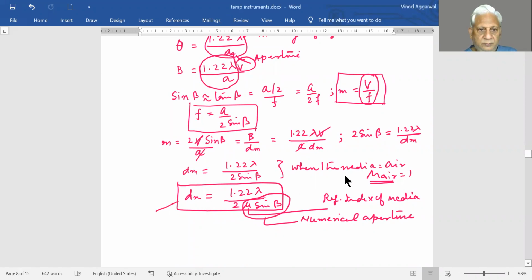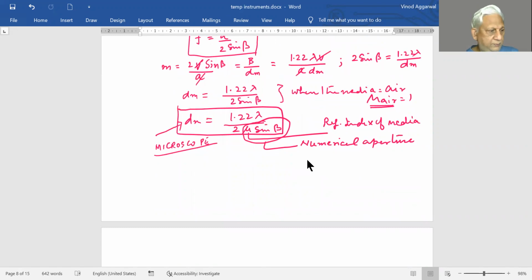This was for microscope. In case of telescopes, the minimum angle that can be resolved is given as, where D is the aperture or diameter of objective lens.